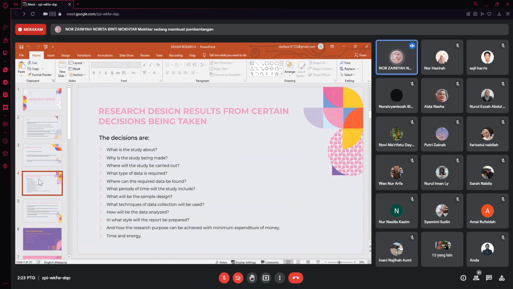So later on when you go to RM, you can already transfer what you have in mind on paper in accordance with the correct structure. So with that in mind, we need to understand what these questions are and how they look when answered. So you have questions like, what is this study about?